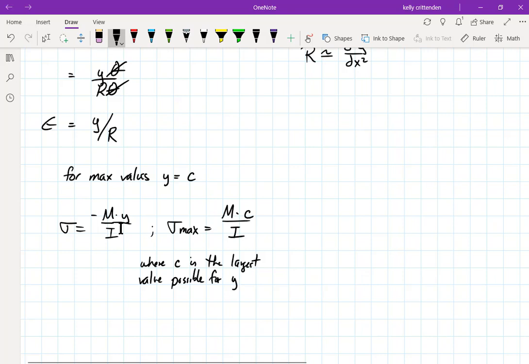So remember, like in a T-beam, the neutral axis is kind of shoved up towards the top of the beam. So the distance from the neutral axis to the very bottom of the stem in a T-shaped beam, that's the number you would use for y, and you just kind of call it c.